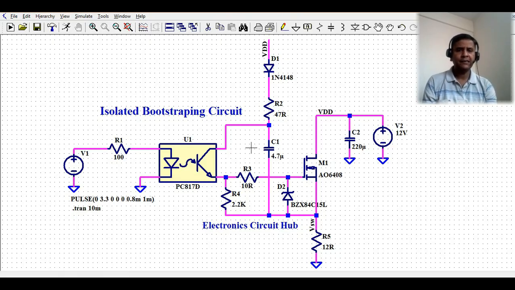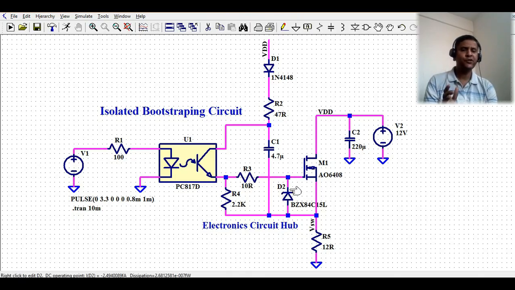Now let us understand this part. As I explained, I'm using 12 volt to drive the 12 ohm resistive load. Here I'm using the MOSFET M1 AO6408. The MOSFET source is connected via load R5 to ground, and the MOSFET gate is connected to the emitter of your optocoupler via a 10 ohm resistance.